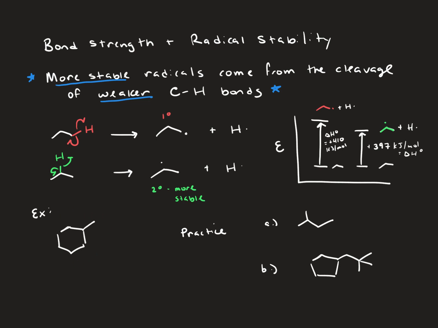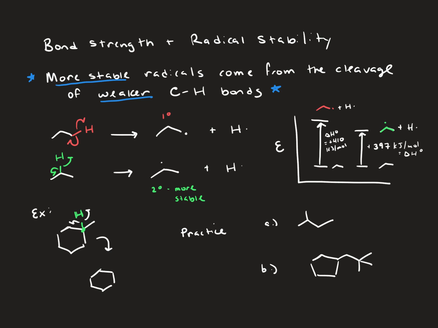Here we are looking for primary, secondary, and tertiary. And we can see that we have one tertiary carbon. It's right here, and it has a C-H on it. So that C-H is going to be the weakest one in the molecule. That's the one that's going to form the most stable radical. So if we break this in the same way that we've broken the bonds above, what we would get is something that looks like this.